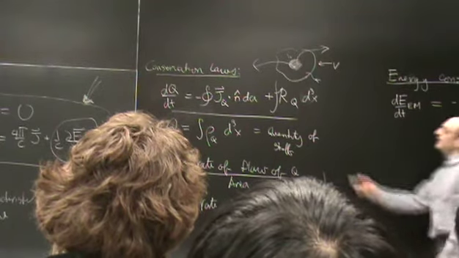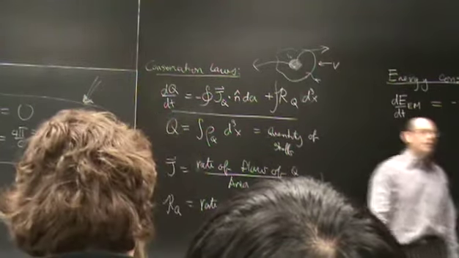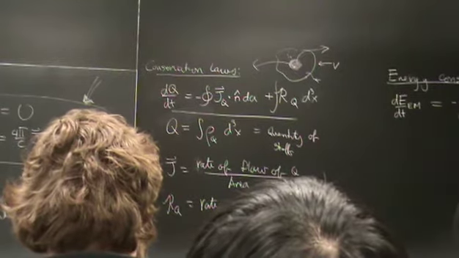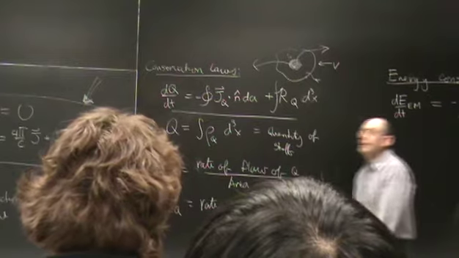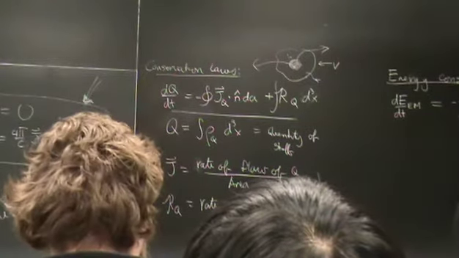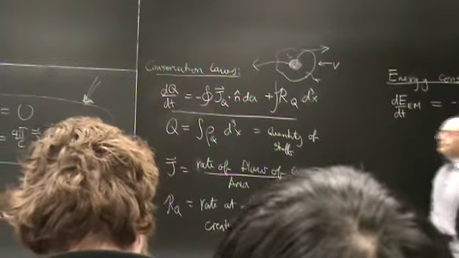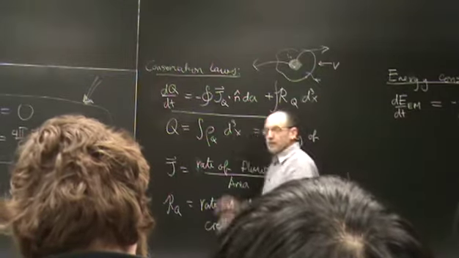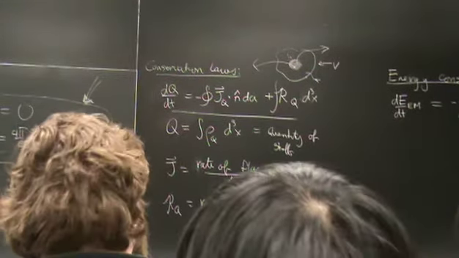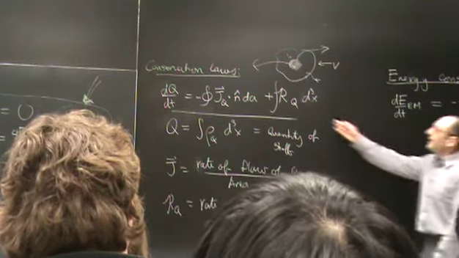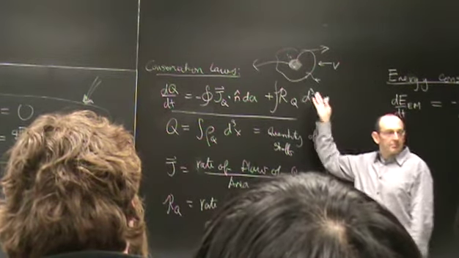And we capture that concept mathematically in terms of a continuity equation, which says that the amount of stuff inside this volume is changing as a function of time because either it's flowing into or out of the volume, or it's being absorbed or emitted.